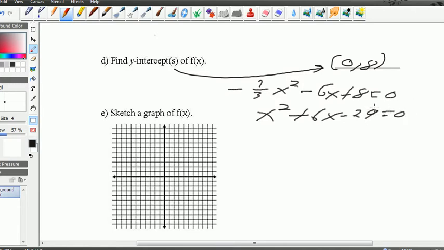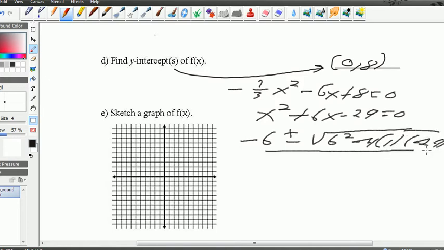That's a 24, not a 29. Multiplying everything by negative 3, that gives me x equals minus 6 plus or minus the square root of 6 squared minus 4 times 1 times minus 24 over 2 times a. My a is what? 1.